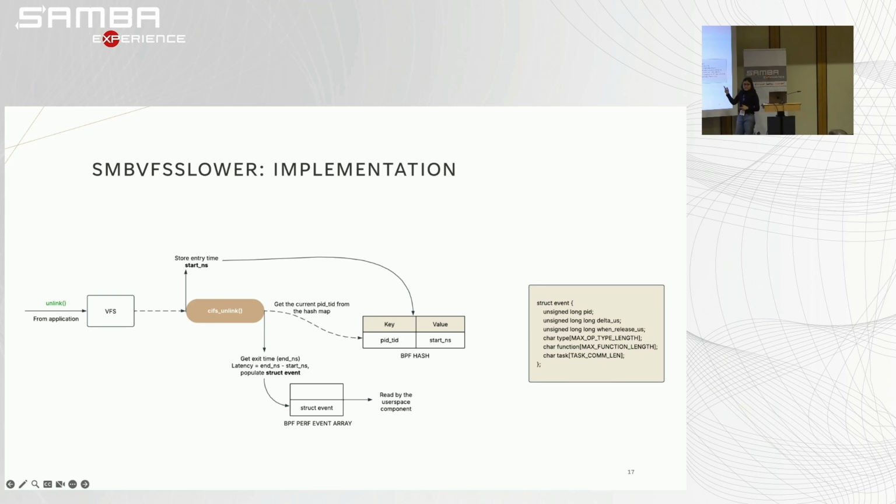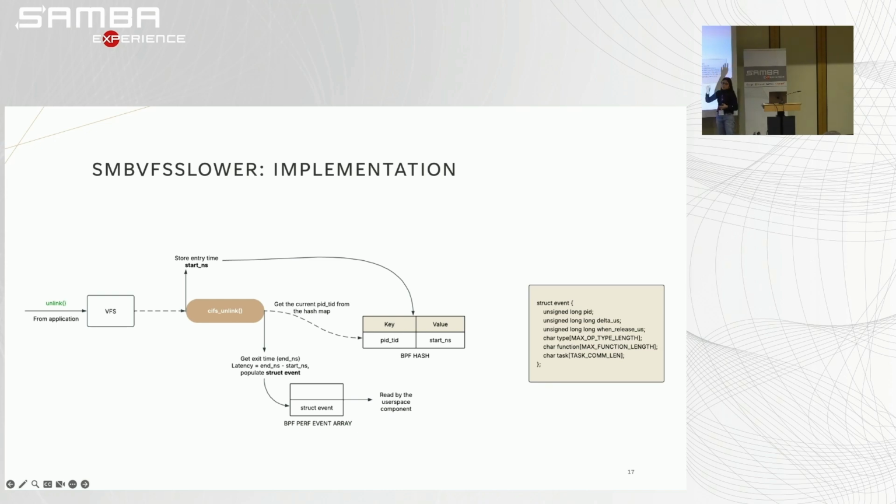Good. So this is how SMB VFS slower works. This is another structure that is going to be populated and will be read by the user space. For example, an unlink request comes from the application and lands at the VFS. Now it goes to cifs unlink. That's the VFS callback. As soon as it enters cifs unlink, we store the start time, in nanoseconds.